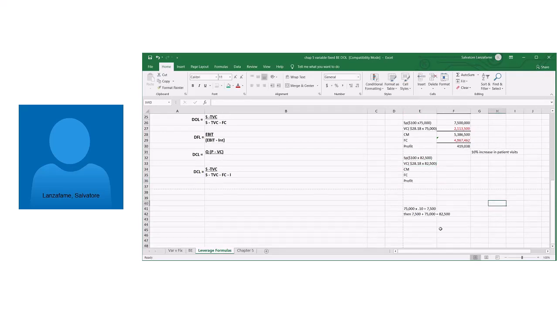I also know of another way, which is a lot faster. You could take the 75,000 and multiply by 1.10, 110%, and you get 82,500 directly.